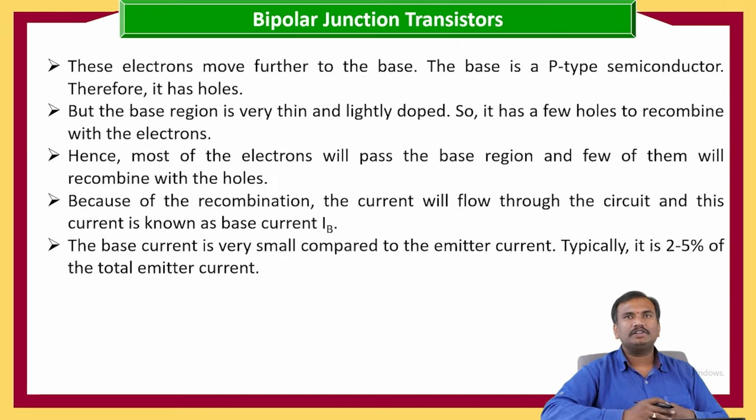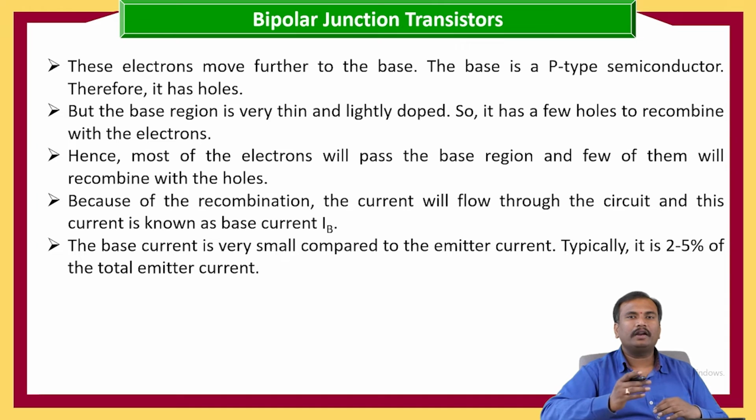Here the base region is lightly doped, so few holes are recombined with the electrons, and hence most of the electrons will pass through the base region, and few of them will recombine with the holes. Because of the recombination, current will flow through the circuit, and this current is known as base current.